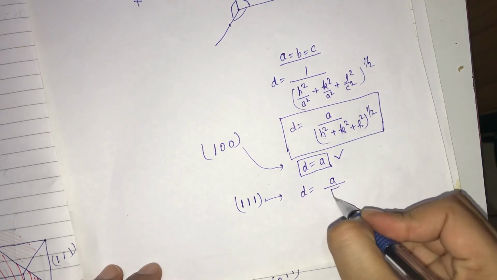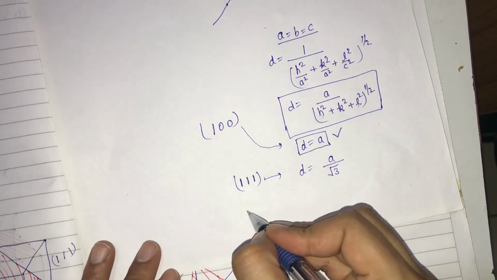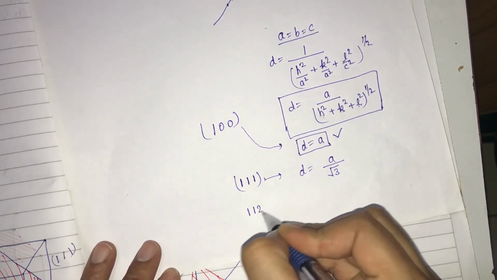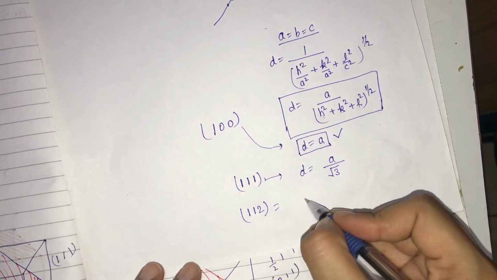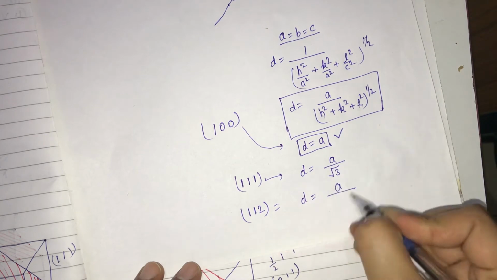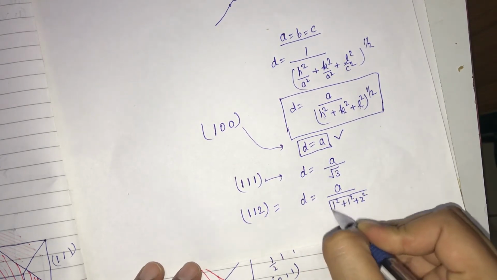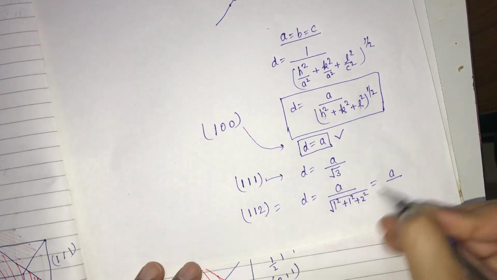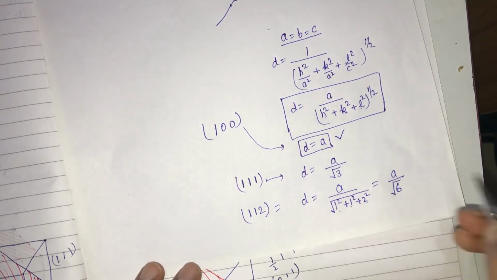So this is a over under root 3. Clear? Now let's take another example, that if hkl are equal to 1, 1, 2, then d is equal to a over 1 square plus 1 square plus 2 square, under root. So this is a over 1 plus 1 plus 4, which is 6, under root 6.